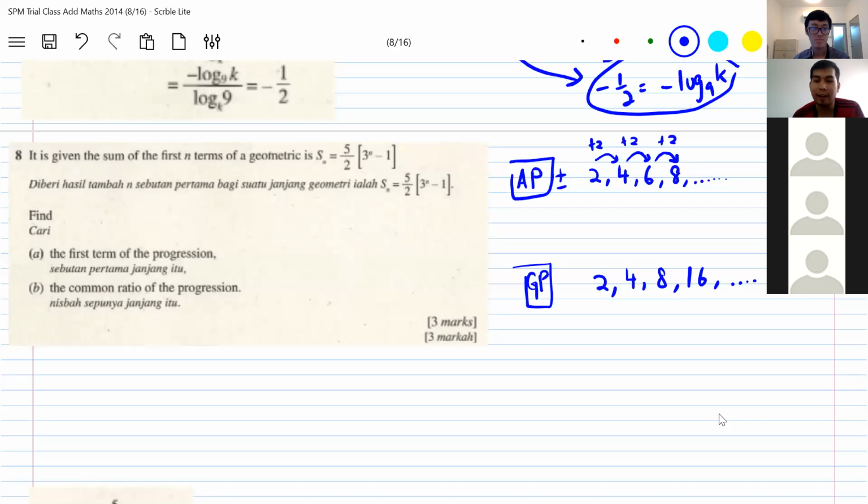In fact, I have actually seen an SPM paper as simple as this. They just give a string of numbers and they just ask you to show that it's not a progression. And all you have to do is just check for the differences, right?